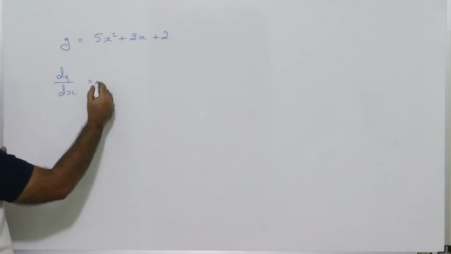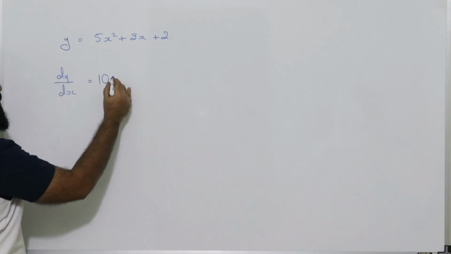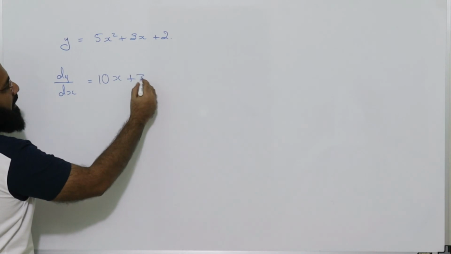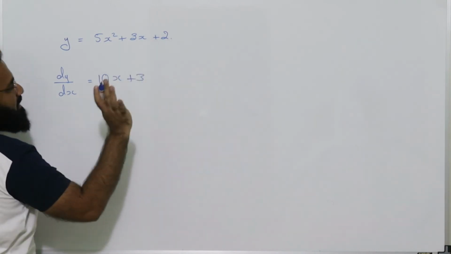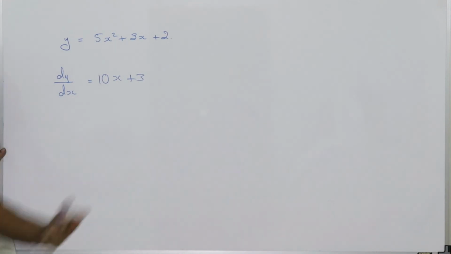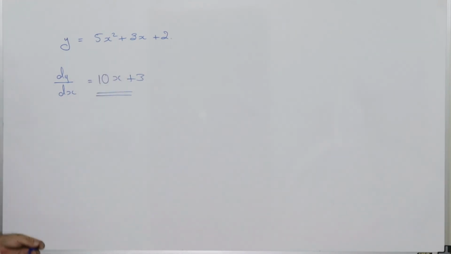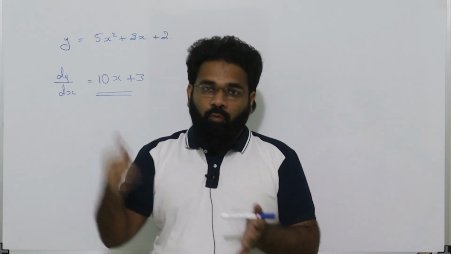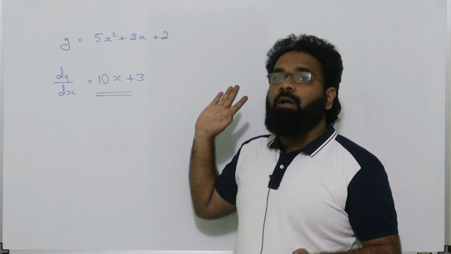So 2 will come here, directly write as 10. 2 minus 1 is 1, so x raised to 1, keep it there, plus 3, d by dx of x is nothing but 1, so keep it there. This is the answer. Initially you can do all the steps, but finally when we get fluent with all these formulas, directly we will do like this. Clear or what?